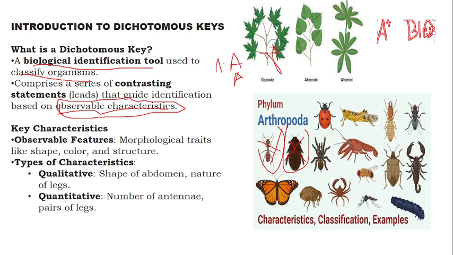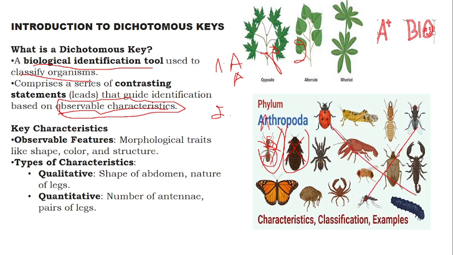Maybe at number 2, you go based on the number of body parts, having 3 body parts. You see this one has 3 body parts, and maybe no other organism has 3 body parts.